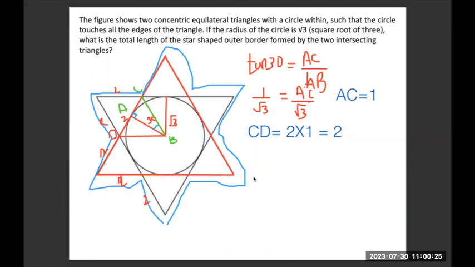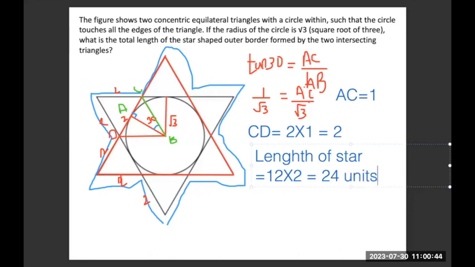So length of star is equal to, the number of parts are 1, 2, 3, 4, 5, 6, 7, 8, 9, 10, 11, and 12. 12 into 2, which is 24 units. I have 12 parts of 2 units. I multiply 12 by 2, I get 24 units.